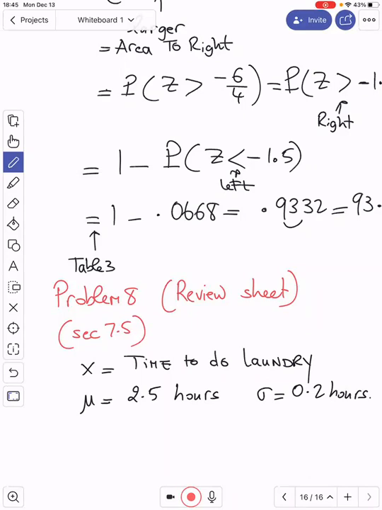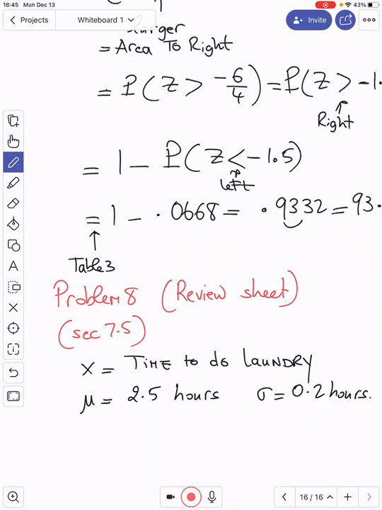So no more than 2.2 means the probability that x is less than 2.2. It takes at least 2.95, so at least 2.95 means the minimum is 2.95. So x has to be larger than 2.95. Next, it takes between 2.25 and 2.75, so your x is between 2.25 and 2.75.